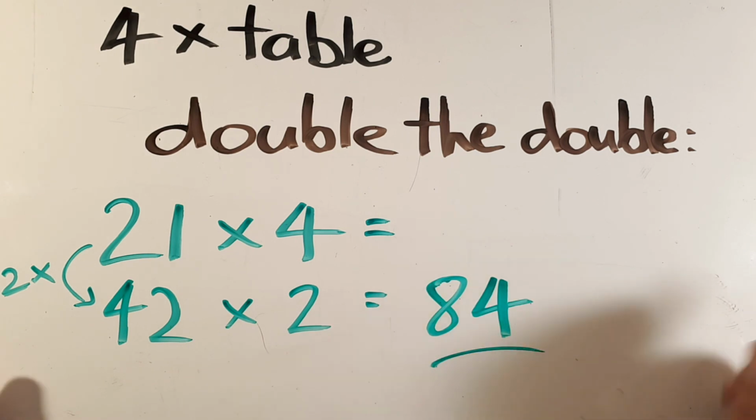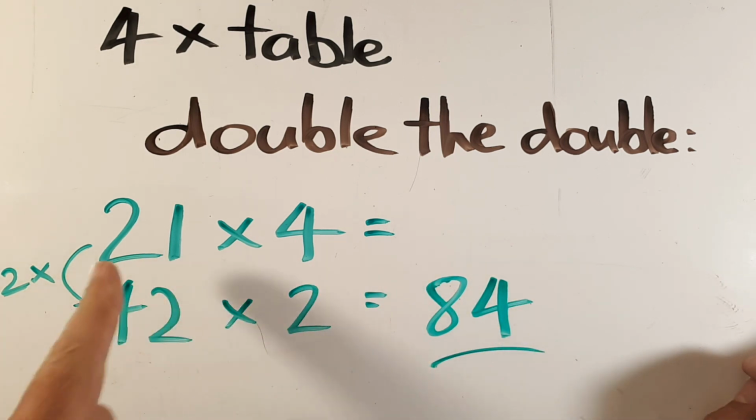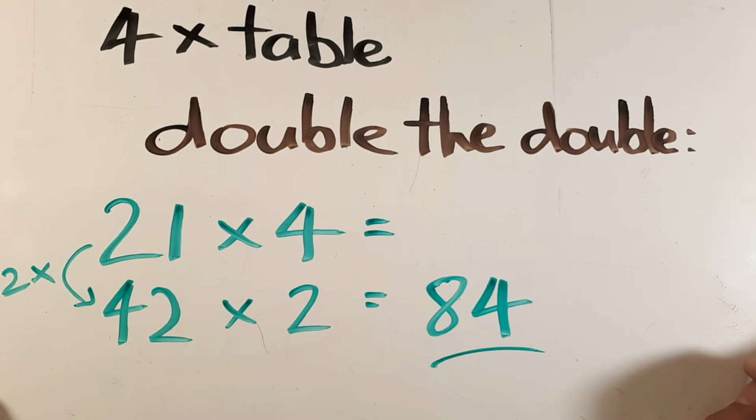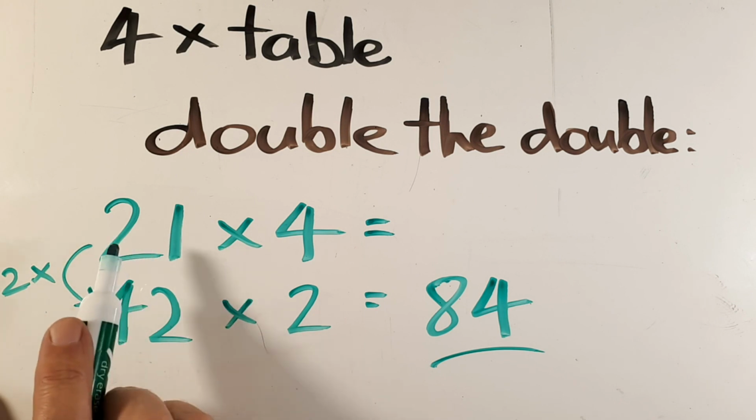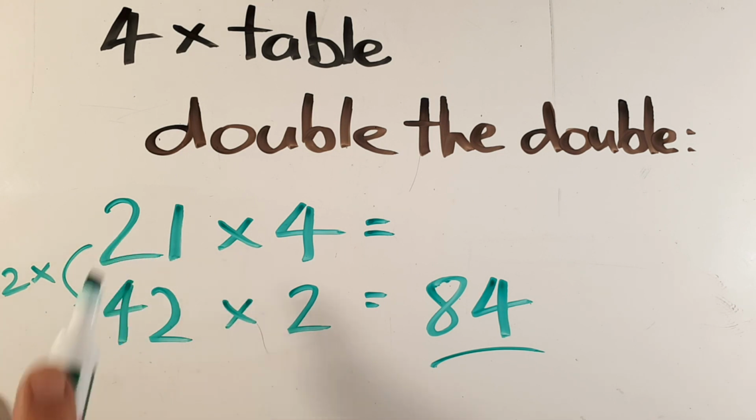So we've worked out 21 times 4 without having to do any extra particular work. Now I'll show you how to do an algorithm as well, but that's handy for really big numbers. If it's a handy sort of 2-digit number like this that's easy to double, it'll also be easy to multiply by 4.